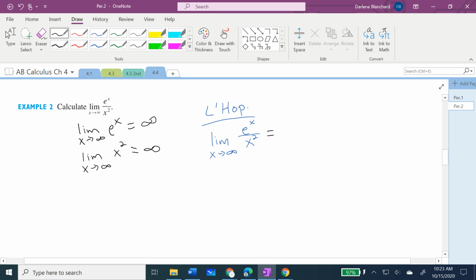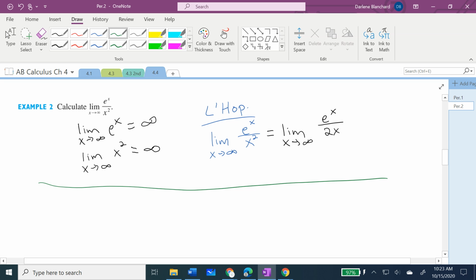Okay. So here we go. L'Hopital. The limit we began with is equal to derivative of e to the x over derivative of x squared. And then we go, yeah, plug it in. And then we go, wait a minute. Is this a trick? No, it's not a trick. It's just a kind of loop. You might call it a L'Hopital loop.